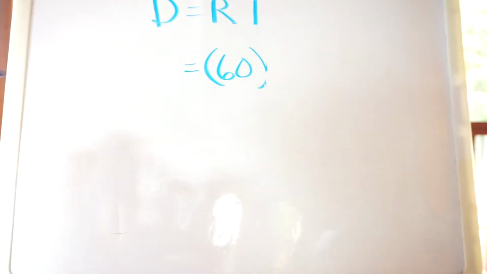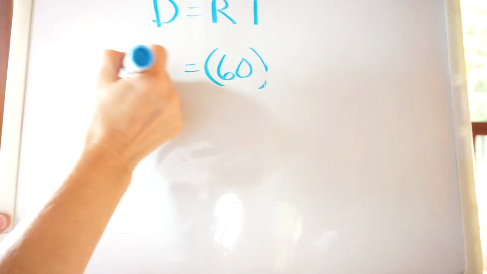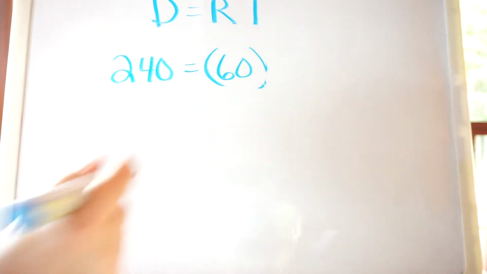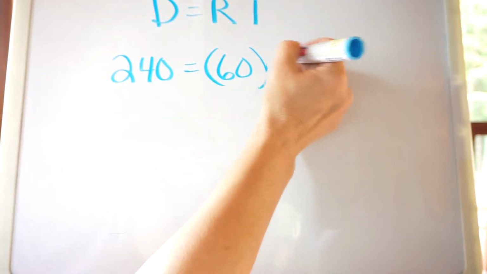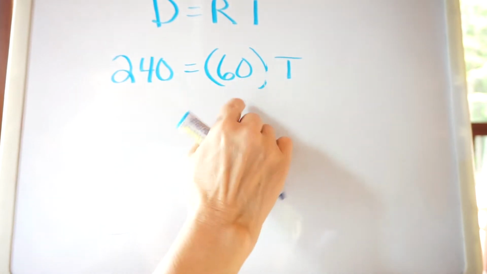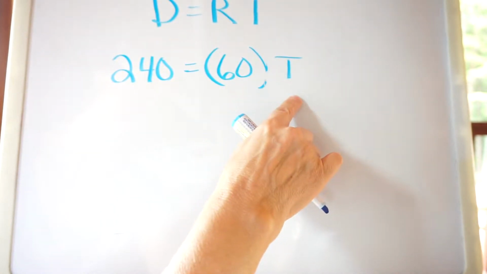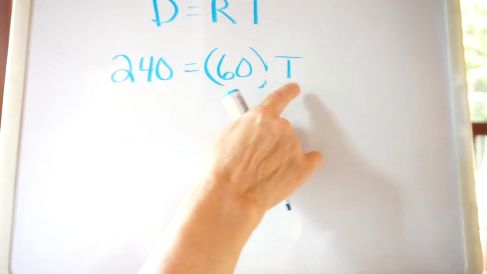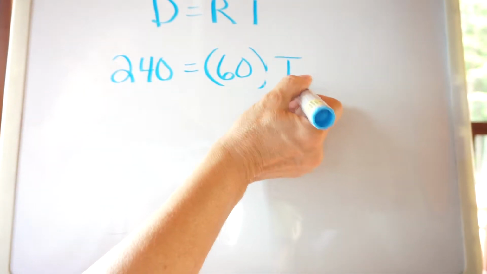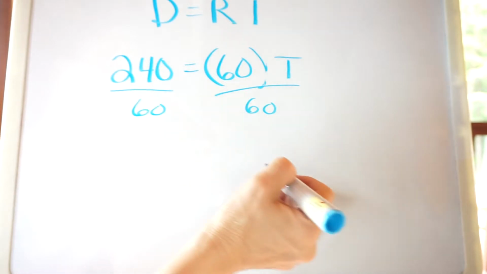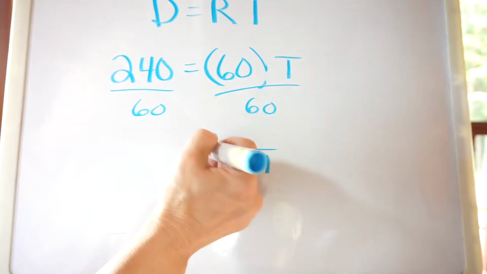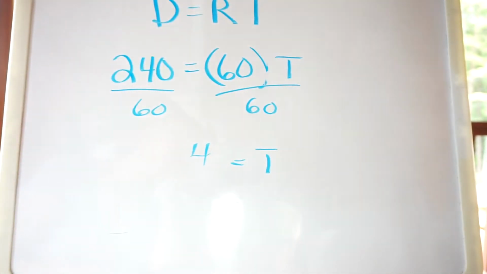If you were given the fact that you traveled 240 miles at a rate of 60 miles per hour and you wanted to find the time, well, to find the time, it's 60 times the time is equal to 240. So to solve for time, you would just divide both sides by 60, and then the time that you traveled would have been 4 hours.